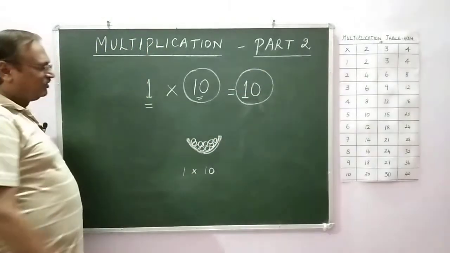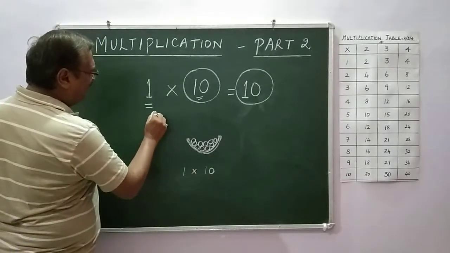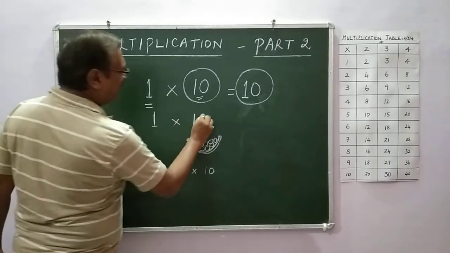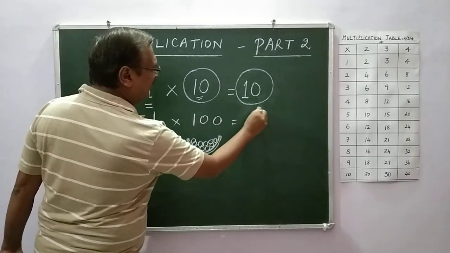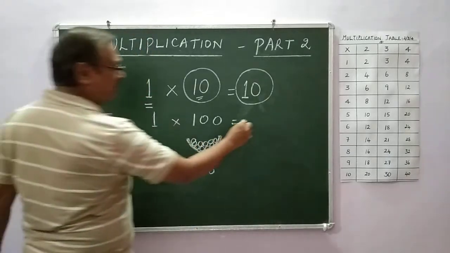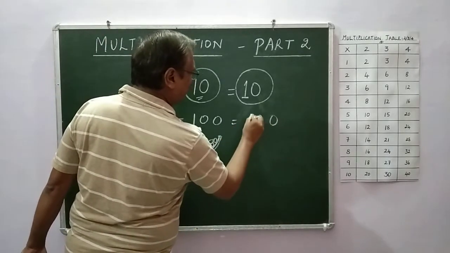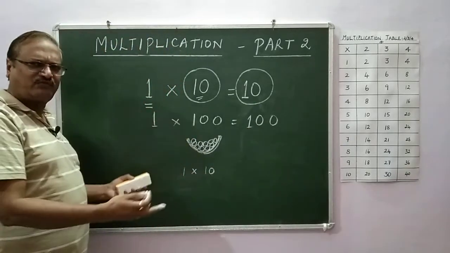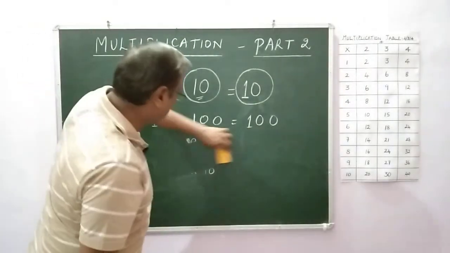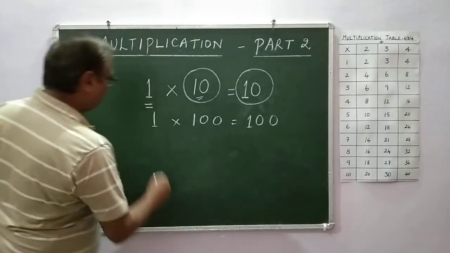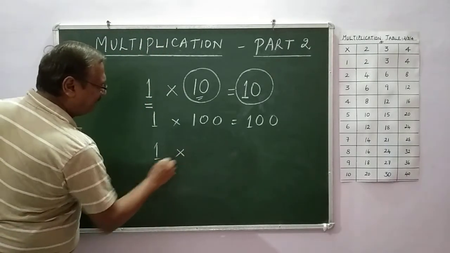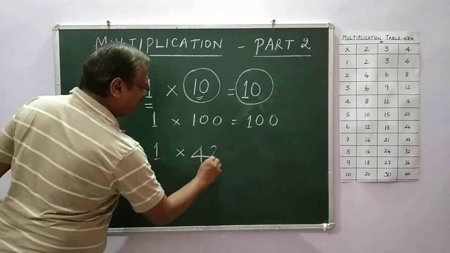Now, if I multiply 1 with 100, what will be the value? The same number, 100. You will get any number you multiply. Suppose I remove this. 1 multiplied by 420.